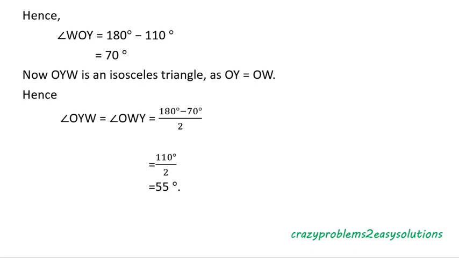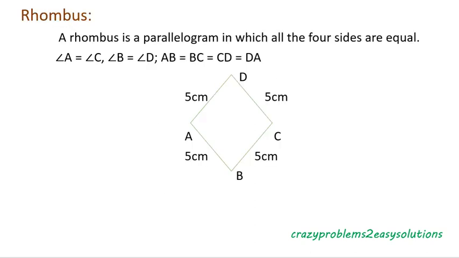Hence angle OYW equals angle OWY equals (180 minus 70) divided by 2. So 110 divided by 2, the answer is 55. So the measure of angle OYW is 55 degrees.